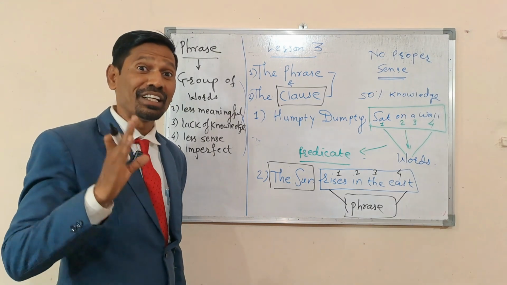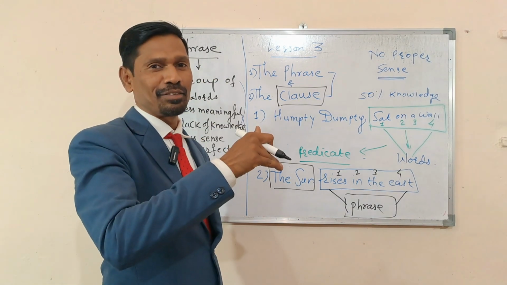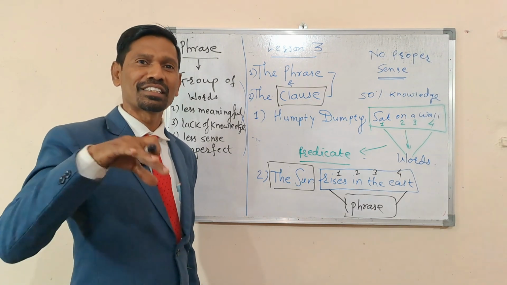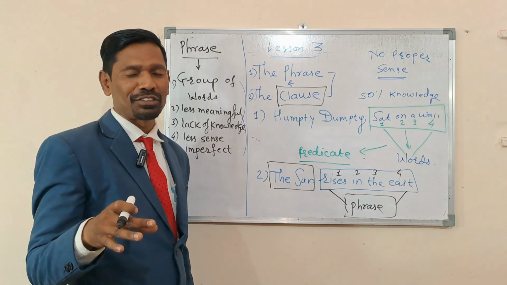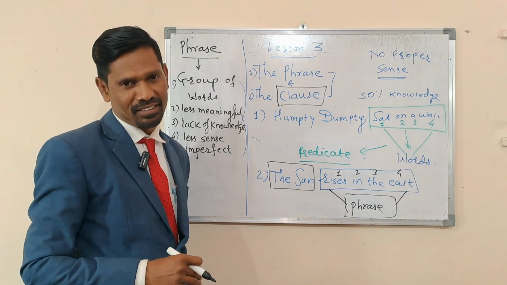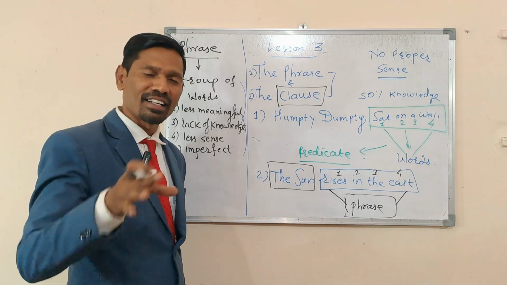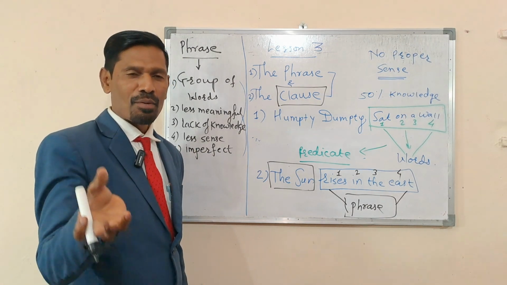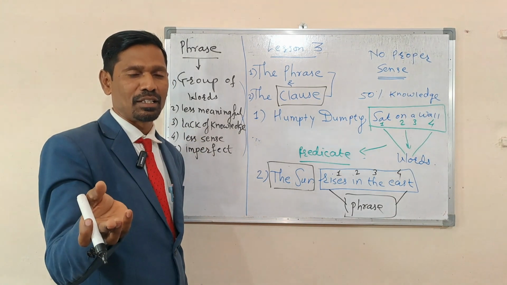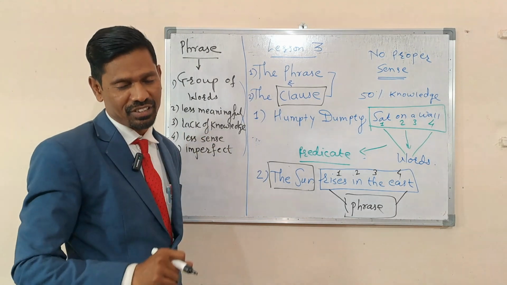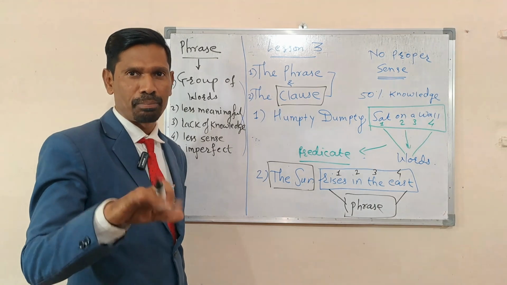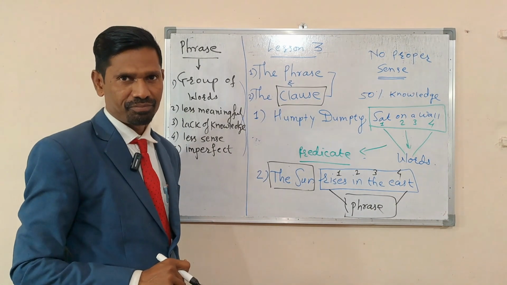For the phrase we require the clause. Until and unless using the clause we cannot express the phrase. Phrase requires the clause and clause requires the phrase. Both depend on each other. Phrase depends on the clause and clause depends on the phrase.